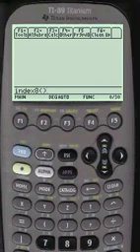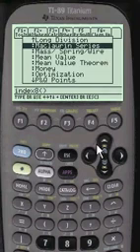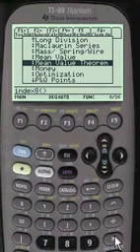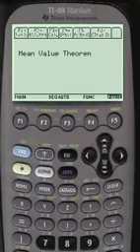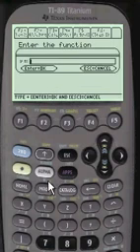Index 8 to get to my menu. We're going to scroll to mean value theorem here. We're going to enter our function. You have to press alpha first. Remember that in my programs, okay?